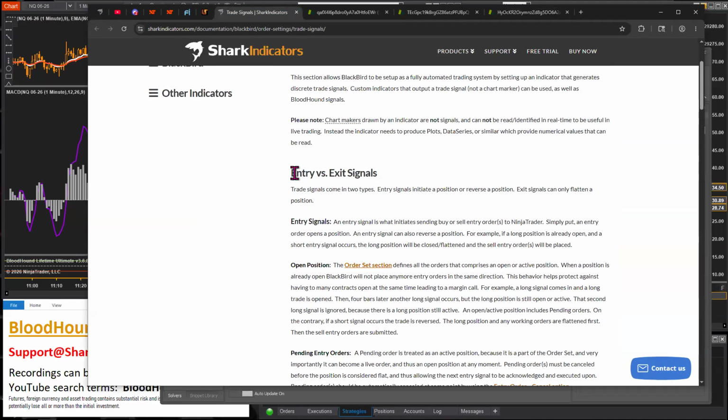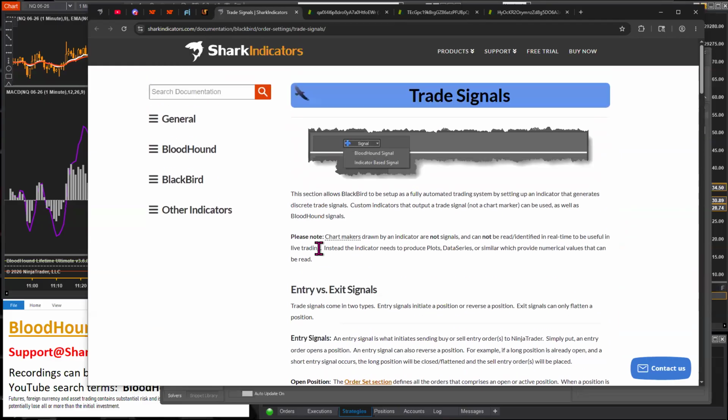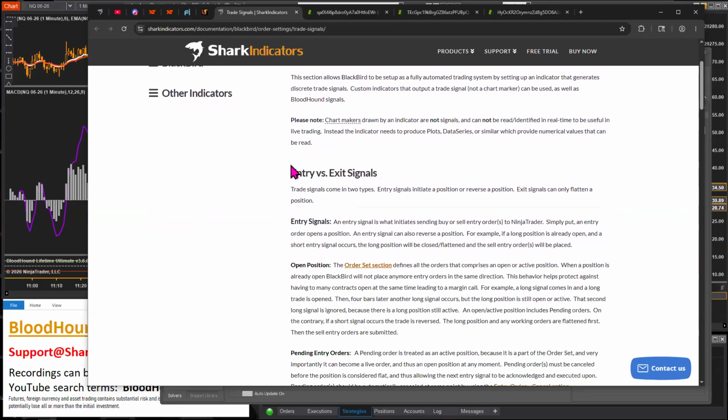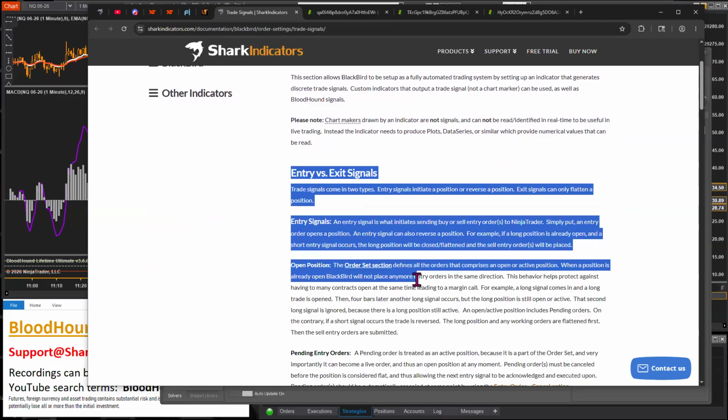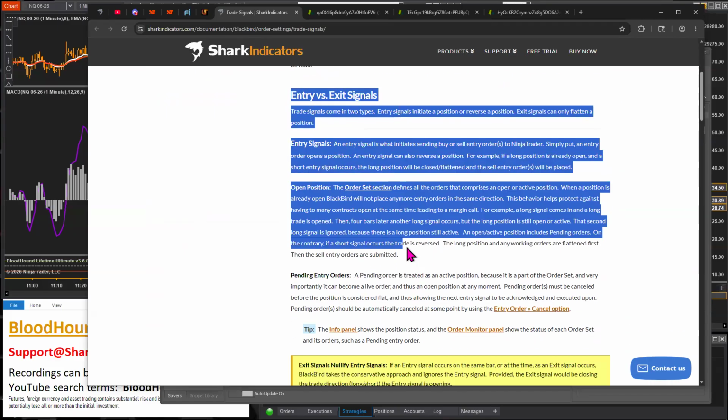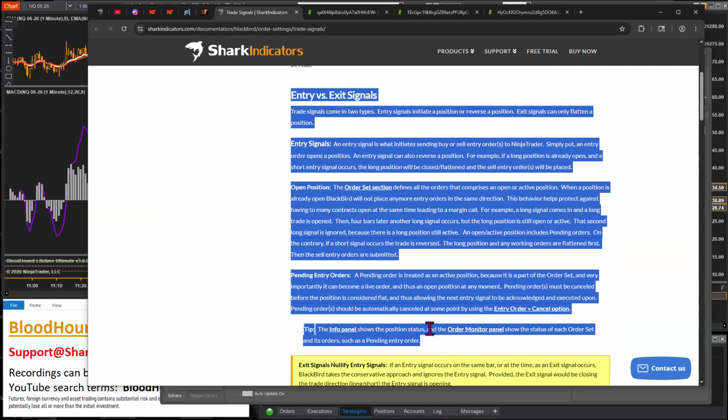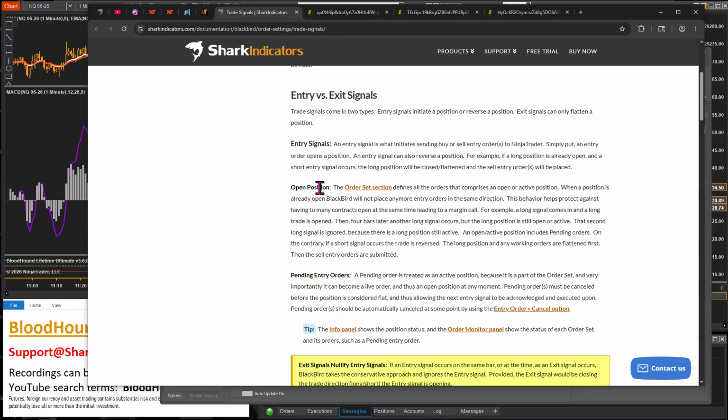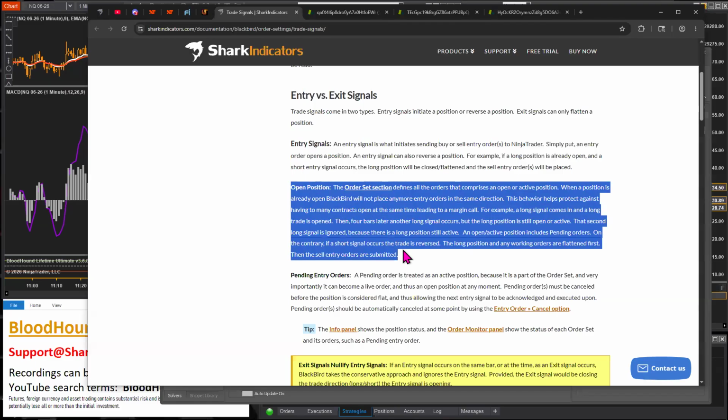You really need to read this entire section so that you understand some of the safeguards built into Blackbird in regards to margin calls on the account. Right here, you can see there's a section about open positions. So this is what I'm specifically talking about.